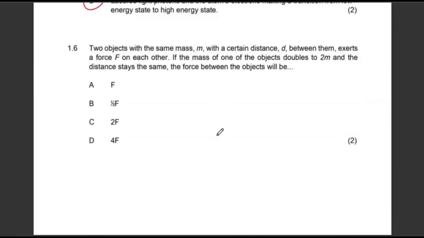All right, then 1.6, two objects with the same mass, with a certain distance d between them, exert a force on each other. If the mass of one object is doubled and the distance stays the same, the force between the two would also be doubled, because we know from Newton's law of universal gravitation, Gm1m2 over r squared.